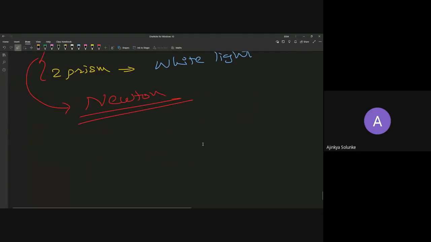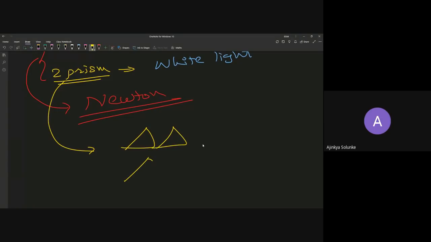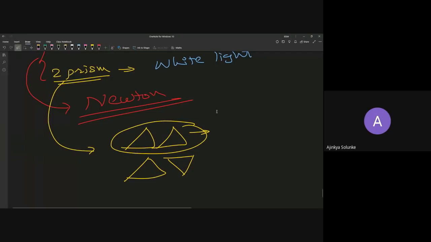By the way, in the two prism experiment, are both of the prisms the same or is one inverted? What kind of arrangement do we have? One is inverted, right? And why not keep both the same? What is the problem if we keep both of the prisms in the same orientation?